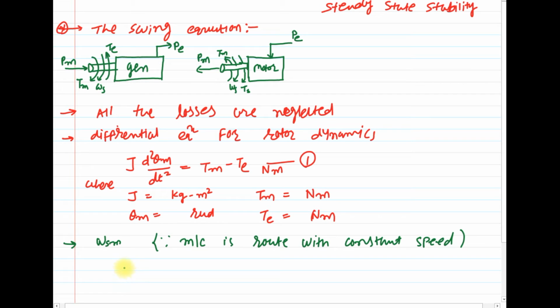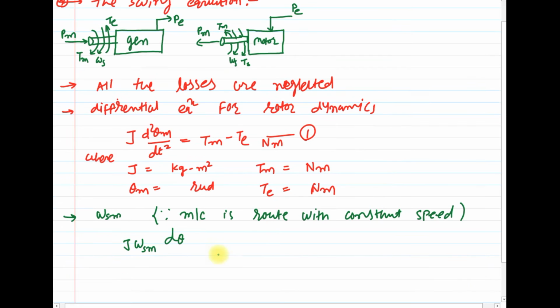So I can write J omega Sm, where omega Sm is equal to the synchronous speed, into d square theta m upon dt square, into 10 raised to minus 6, which is equal to Pm minus Pe, which was previously Tm minus Te, but now after multiplying torque into speed, it becomes power.